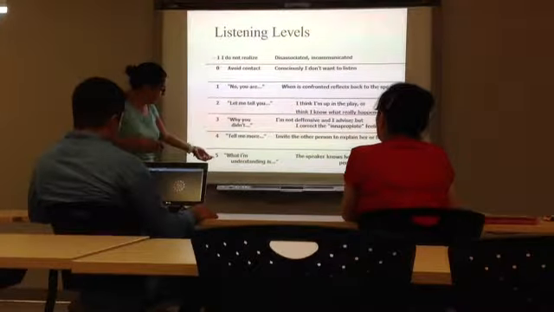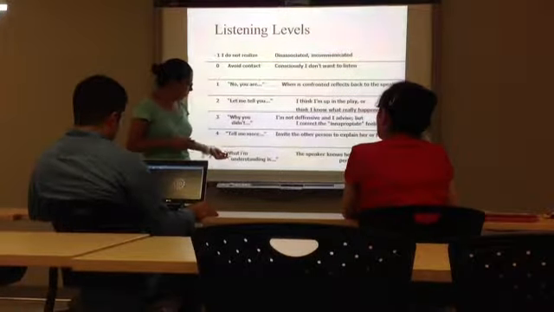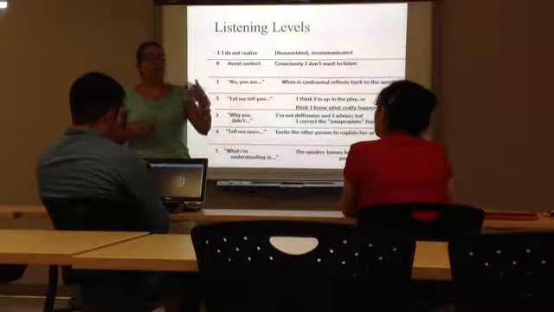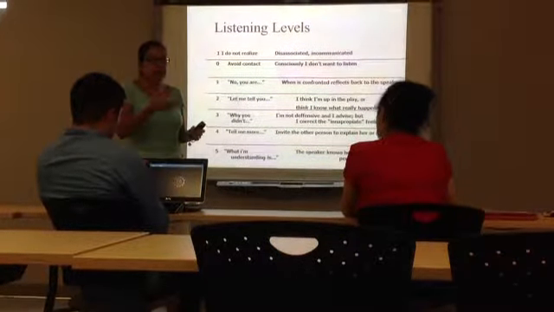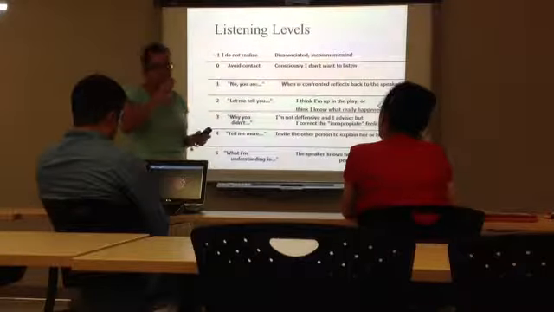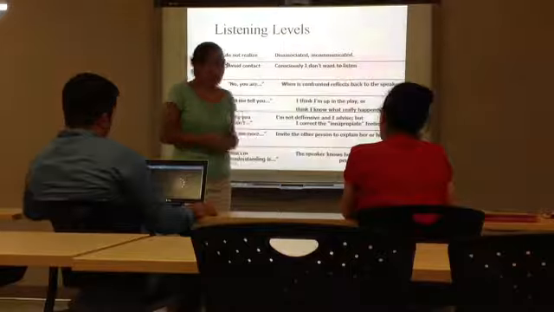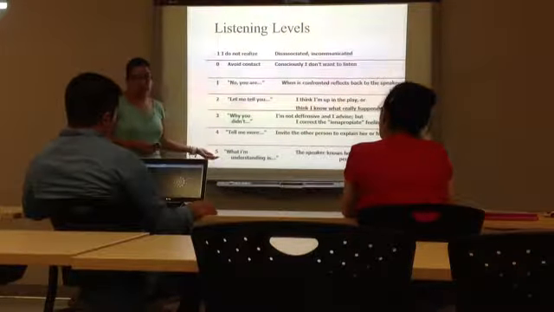Okay, so the last one, what I'm understanding is when you are talking about something and I'm trying to say it again with my words, so it will be clarified that everything that you say, I understand it well. So this is the best way to listen to another person.